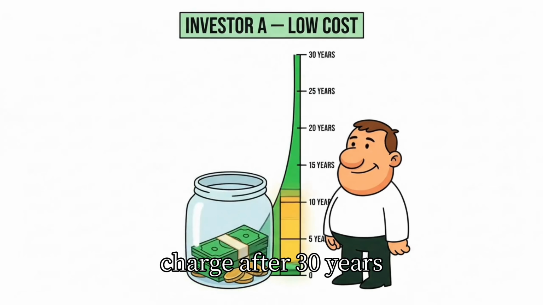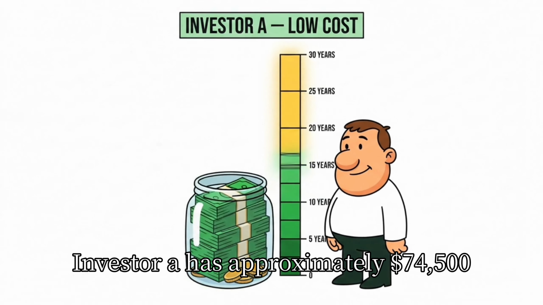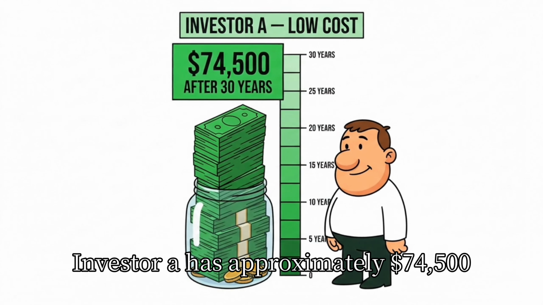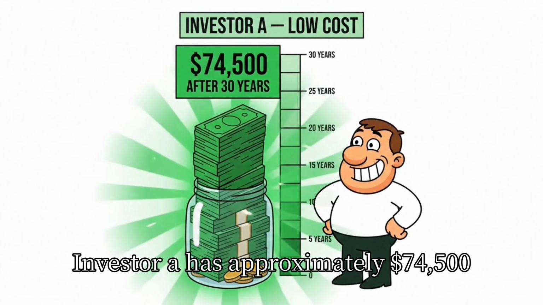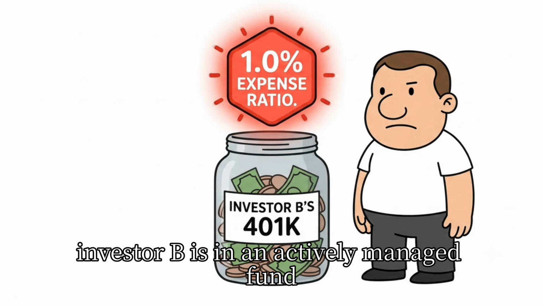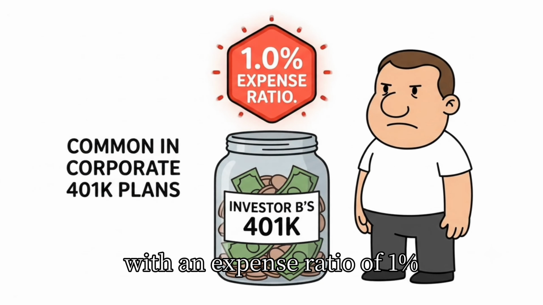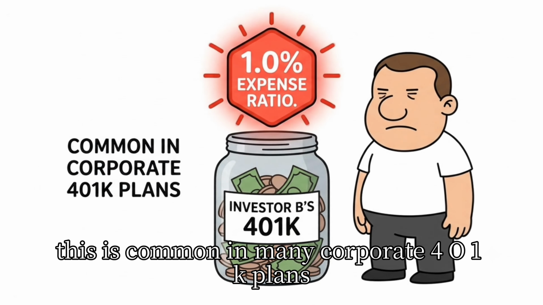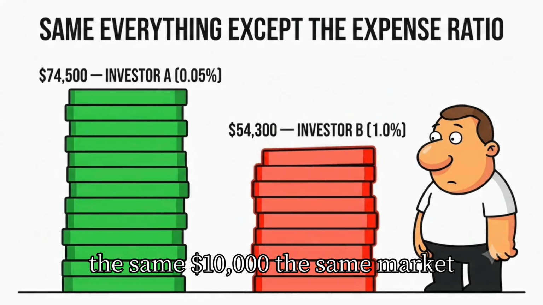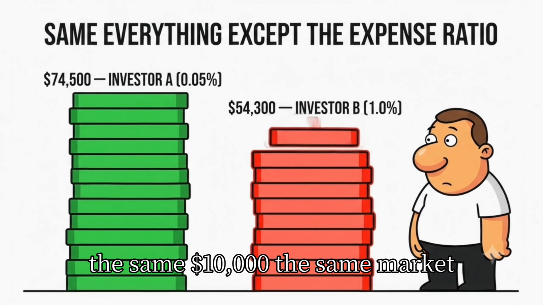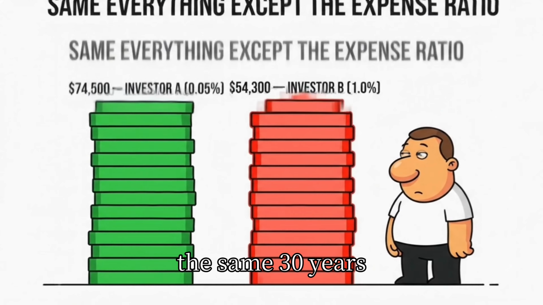After 30 years, Investor A has approximately $74,500. Investor B is in an actively managed fund with an expense ratio of 1%. This is common in many corporate 401k plans. The same $10,000, the same market, the same 30 years.